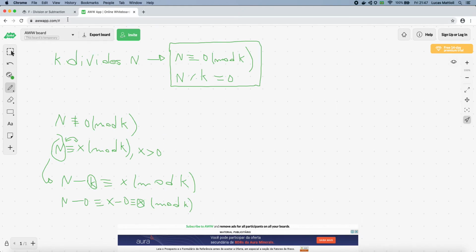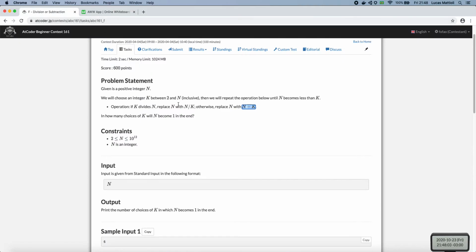So it means that for a given n and a given k, if the initial value of n is not a multiple of k, then it will never become 1 with these operations, because initially we won't be able to do the division operation, since we need these conditions to be true, and by definition it's not.